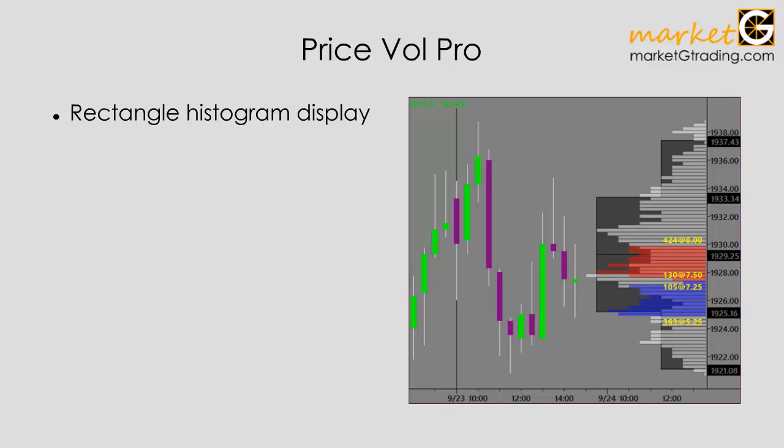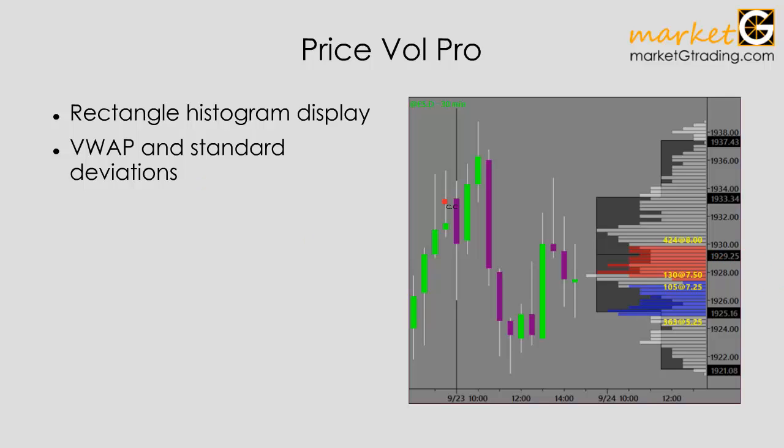Here's a sample display from Pricefall Pro. It shows the new rectangles we now have available on TradeStation. If you look at the black price level shown on the price scale and the gray shading behind the volume histograms, these represent the volume weighted average price and the standard deviation.